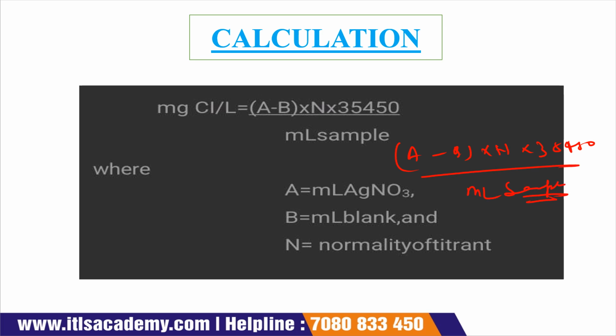Where A is the silver nitrate in ml, B is the blank, and N is the normality of the titrant. When you put all the values into the formula, you will get the amount of calcium in milligram present per liter of sample. So this is all about the determination of chloride by using the potentiometry method.